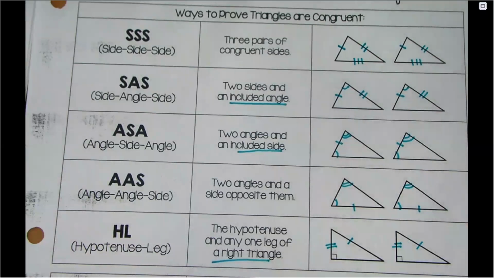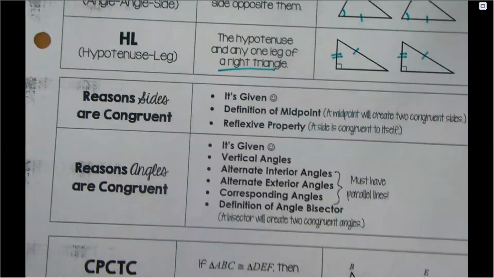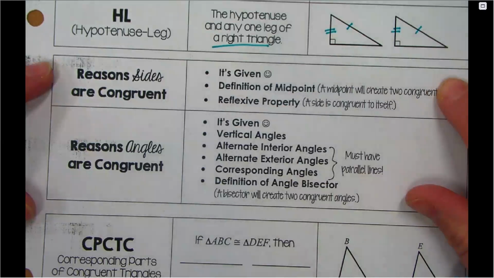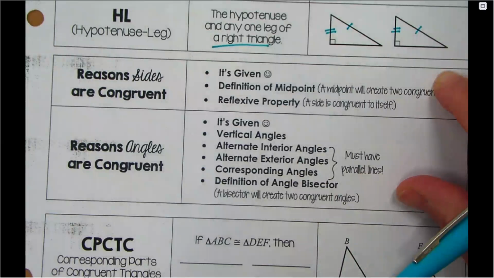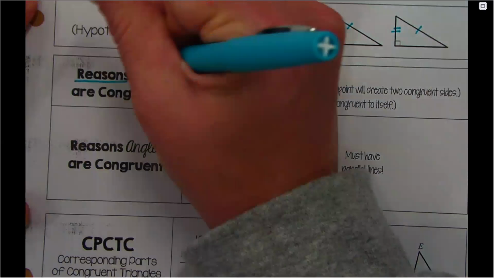And this is really awesome in the fact that they give you the reasons. Okay, because you know with your 2-column proof, one side is your statements, one side is your reasons. Well, you only have 3 options when it comes to the sides.